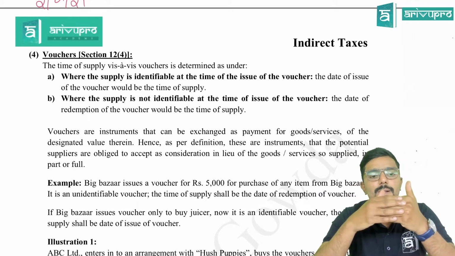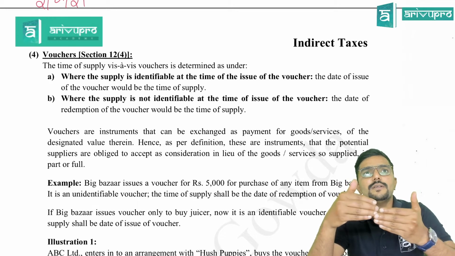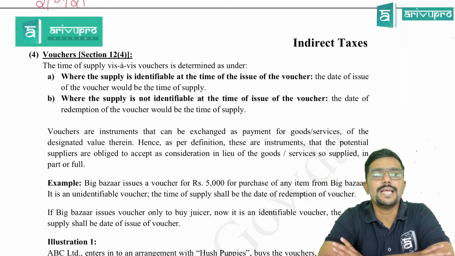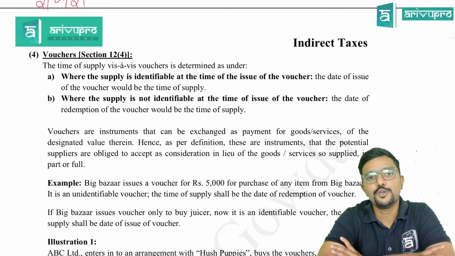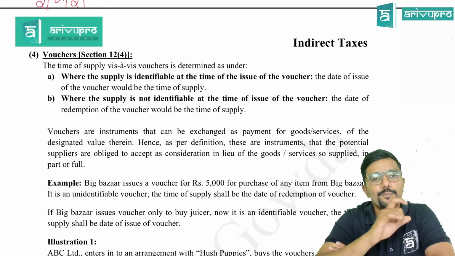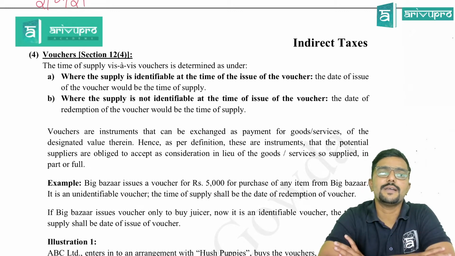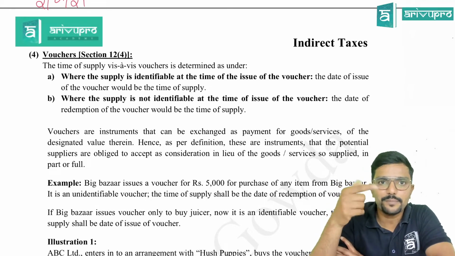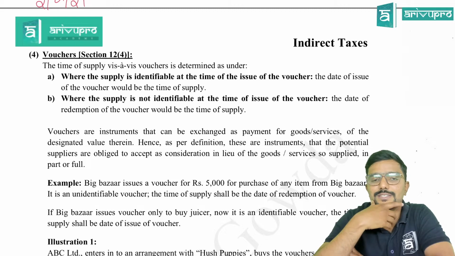For example, assume I have issued a voucher for you to buy a small pizza in Domino's. At the time of issuing the voucher, I know for what purpose it will be used: to purchase a small pizza.